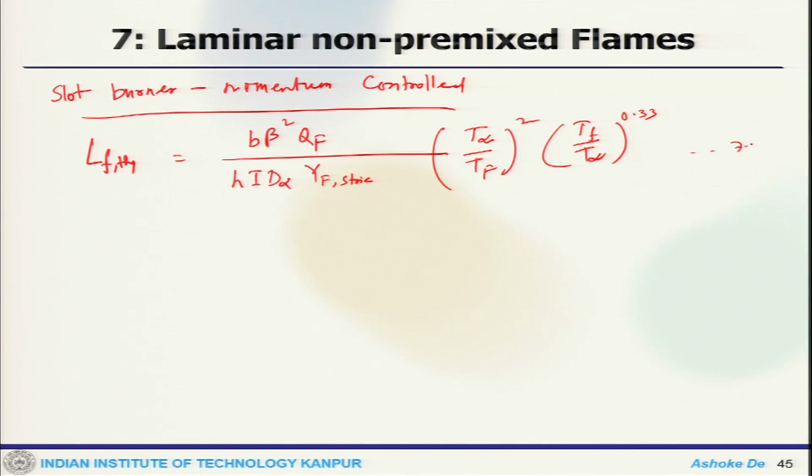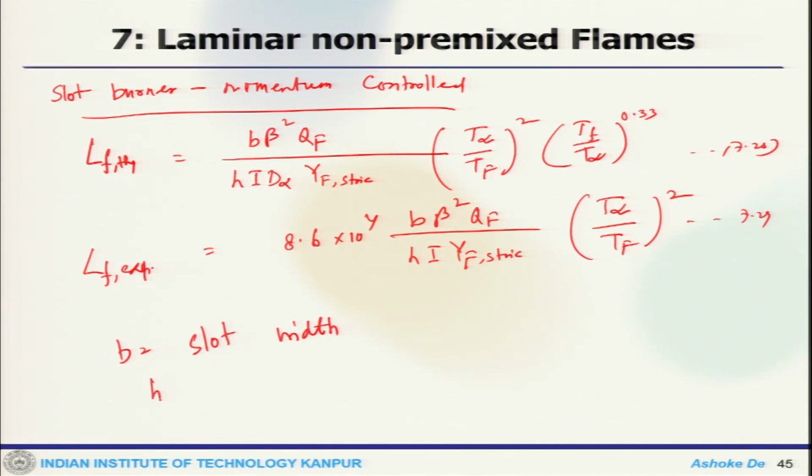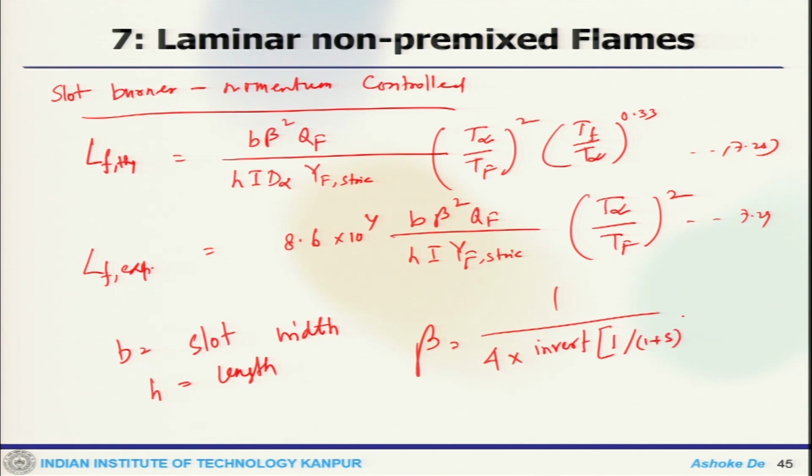Now, experimentally what is observed is that beta, which is T infinity by, here B is the slot width, H is the length, and beta is 1 by 4 into inverse erf 1 by 1 plus S. This is what it is.